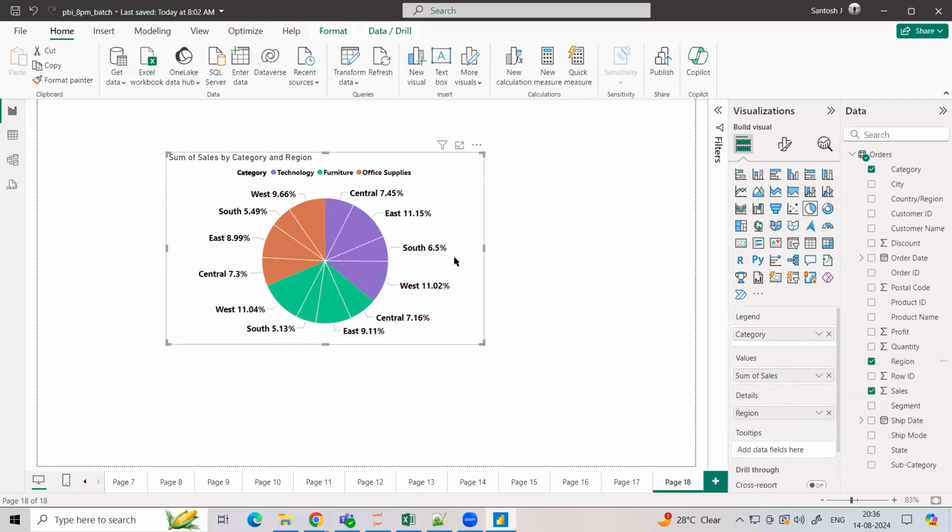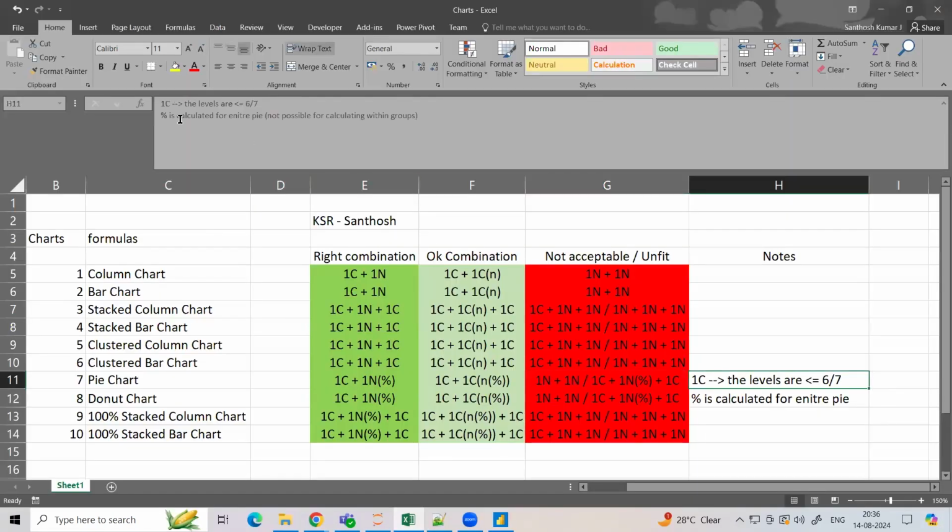But what was our requirement? Within this group, we wanted the percentage, right? Is that possible? In this chart, it is not possible. That is why I've written here: percentage is calculated for the entire pie, not possible for calculating within the groups.